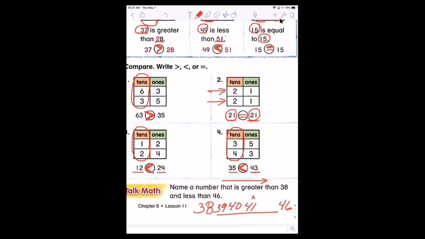Any number between 38 and 46. Okay, so it would be any numbers.